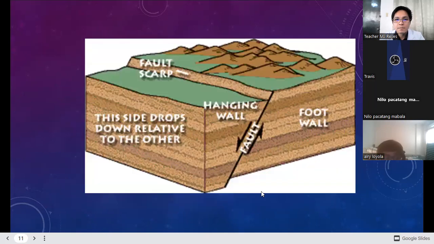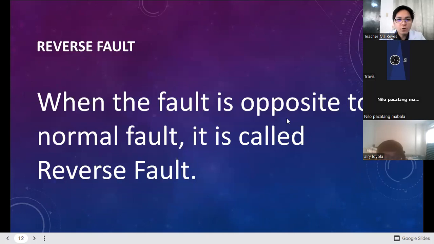Okay, this is your footwall and this is your hanging wall. Okay, reverse fault. When the fault is opposite to the normal fault, it is called the reverse fault. So when can we say that this is a normal fault and this is the reverse fault?